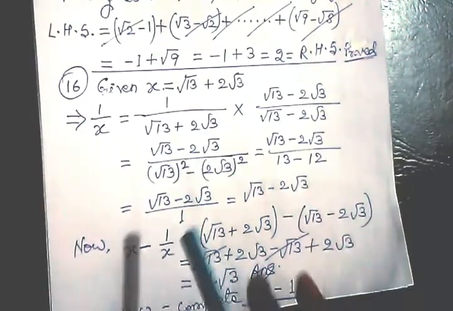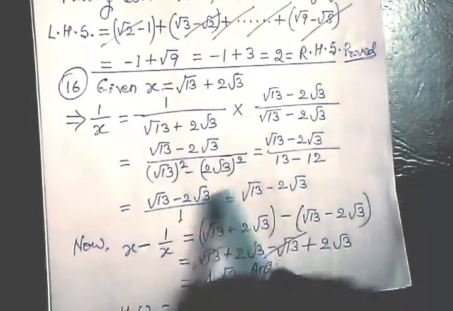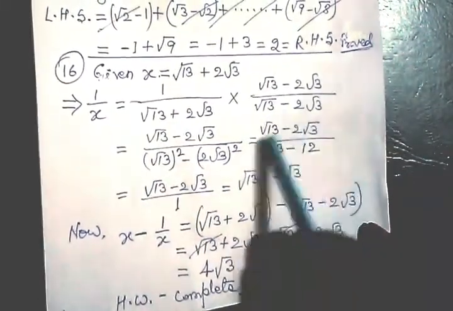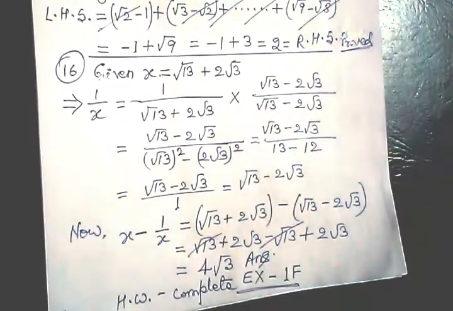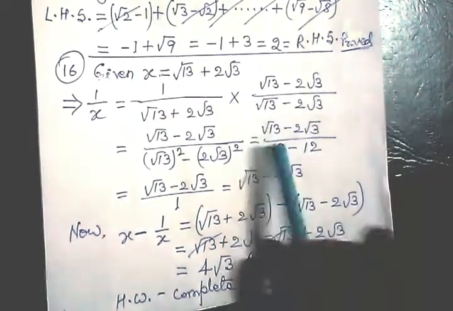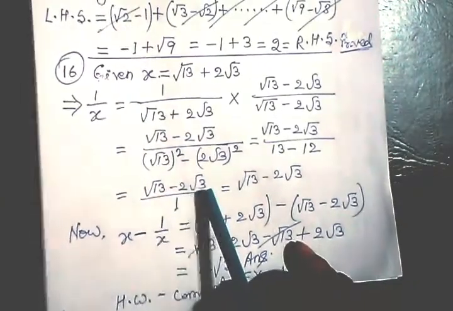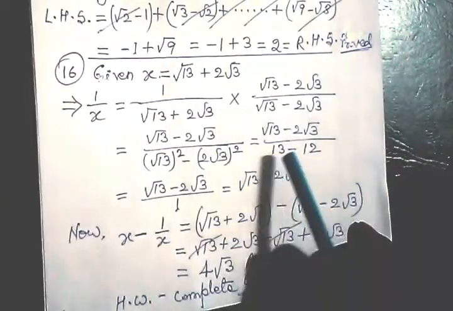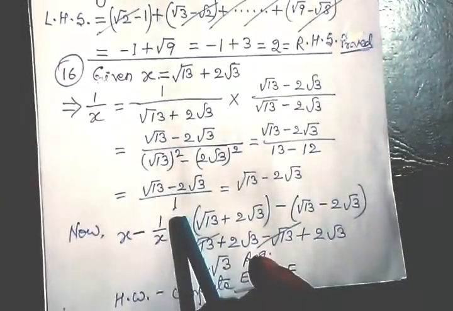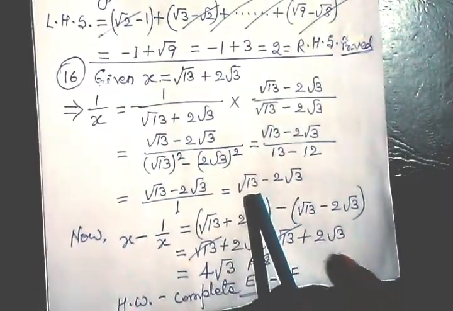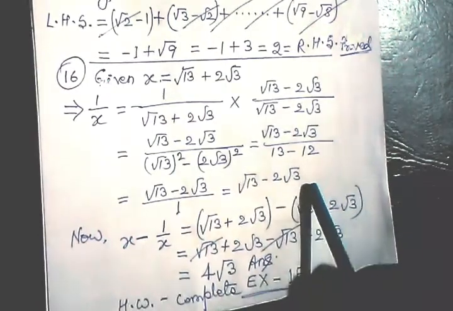This will give you a square minus b square, which means 13 minus 12 in the denominator. Numerator is root 13 minus 2 root 3, and in the denominator 13 minus 12 will give you 1. So this will give you finally root 13 minus 2 root 3.